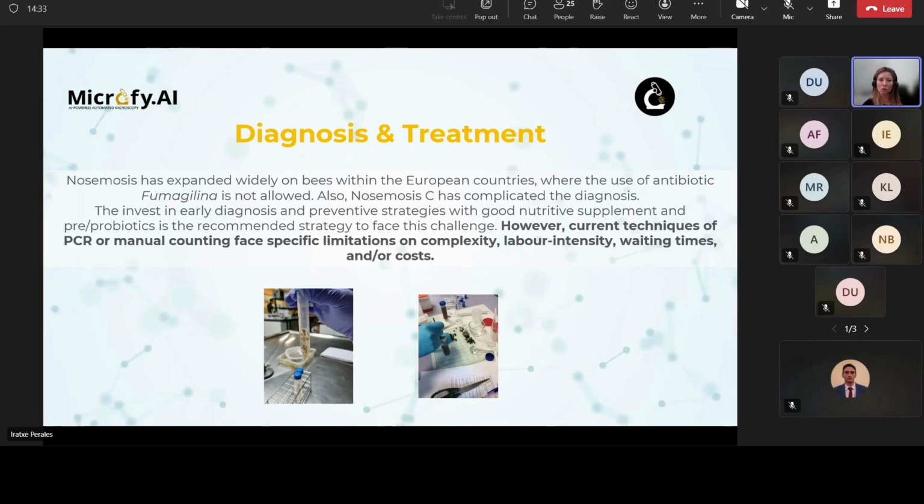Alone, nosemosis is not a problem by itself, but when the beehives are infected with different nosemosis and other external factors like Varroa, other diseases or weather factors complement it, then the beehives can collapse very easily.